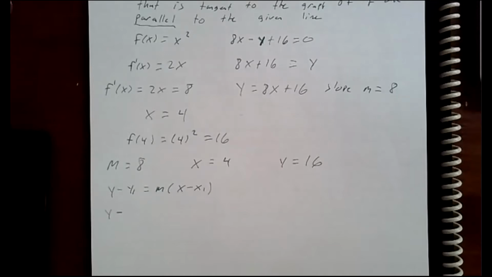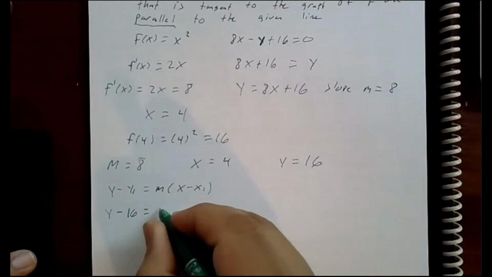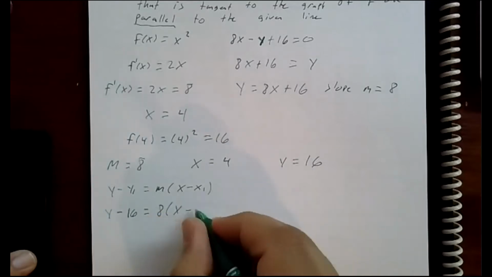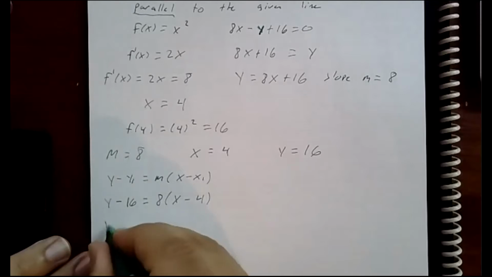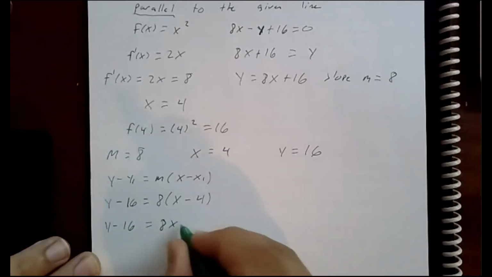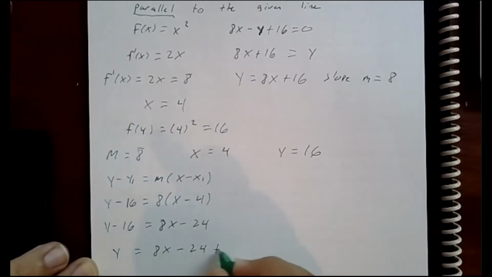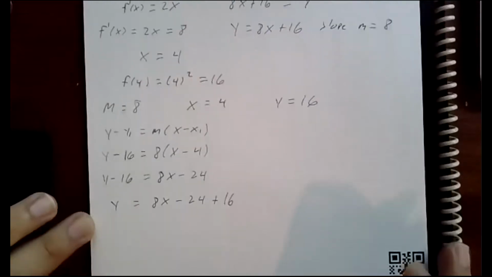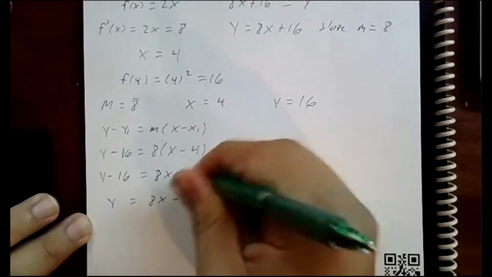All right, we'll just plug it in and we're done, right? So 16, 8, 4. 16, distribute the 8, that'd be 8x minus 24. So y is equal to 8x minus 24 plus 16 when I add the 16 over. Would that be 32? Yes, thank you. Sorry, I don't like numbers that much.